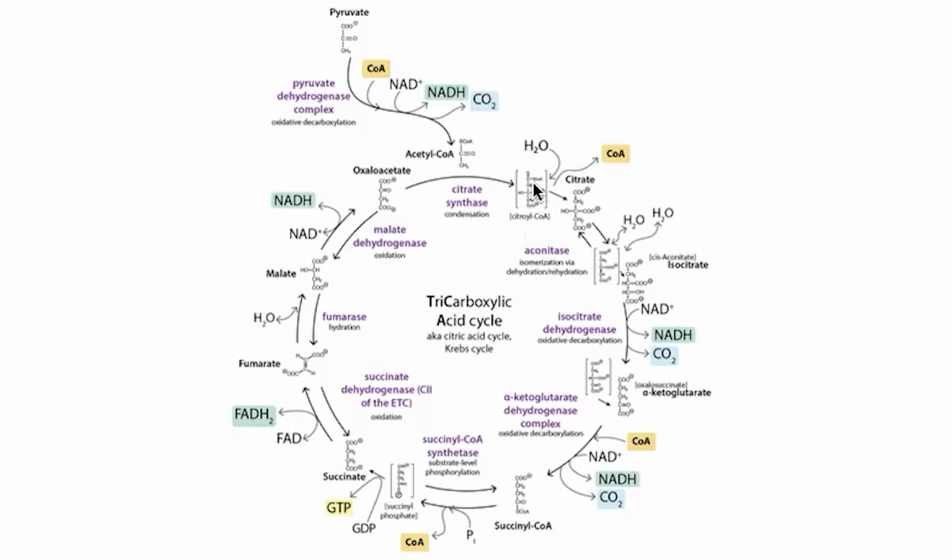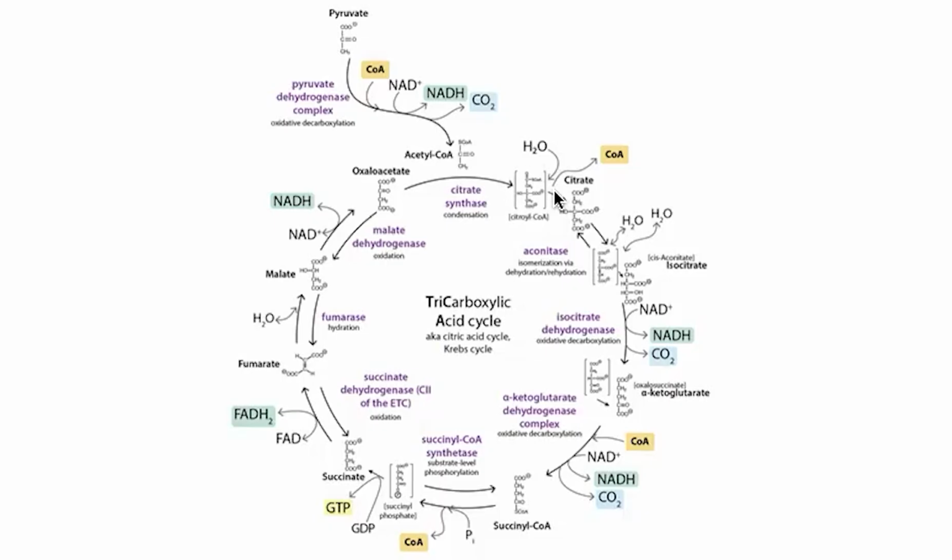And so we have this intermediate, but it's not actually leaving the citrate synthase enzyme's active site. And so we put the citroyl-CoA in these brackets. Similarly, with aconitase, we have this aconitase intermediate that we can show in these brackets. And so these are helpful for helping you see how the reaction is actually progressing, as opposed to just showing you the before and the after.